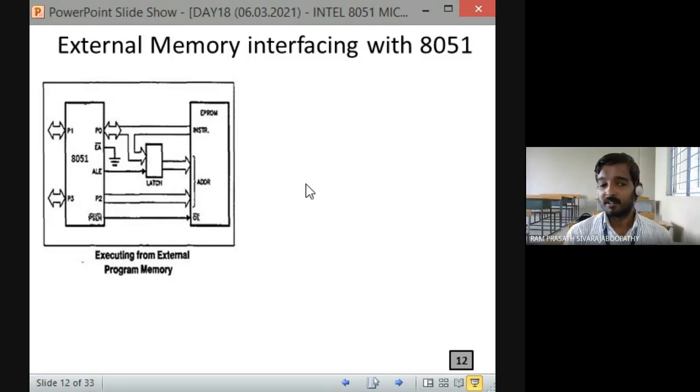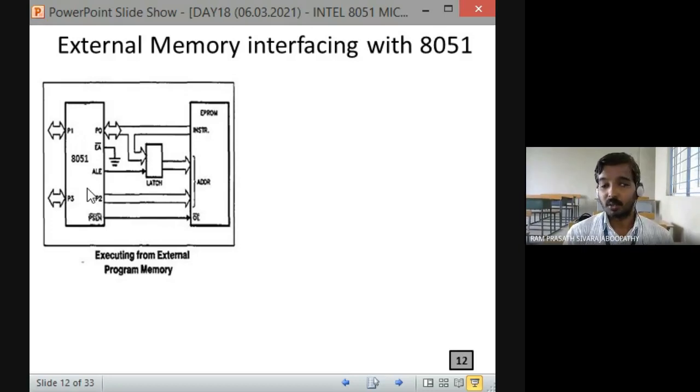Which pin? Very good, Shivakumar, the EA bar pin. Can you see in this diagram? EA bar pin is grounded. Then only it will access the program from the external ROM. If this pin is connected to VCC, it will access the program from internal ROM up to 4 KB. When it exceeds 4 KB, it will search for external ROM.